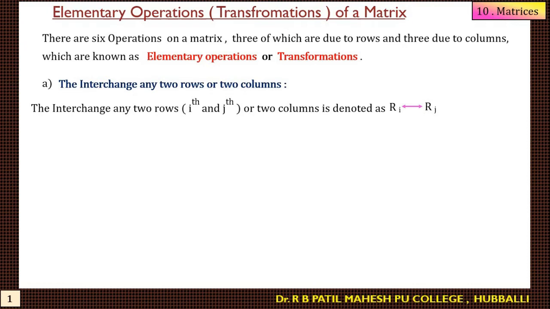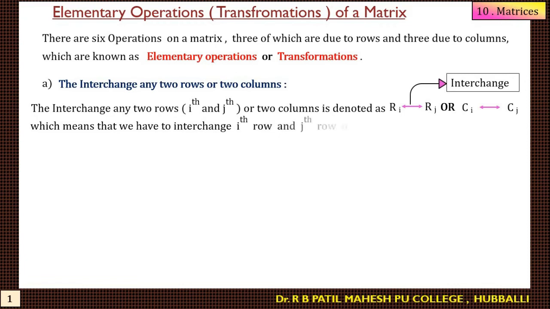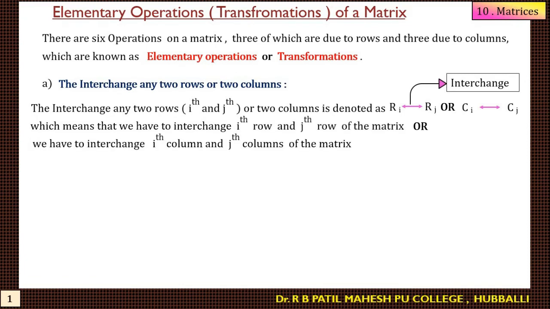So Ri interchange Rj, or Ci interchange Cj, which is the column wise symbol. It means that we have to interchange the ith row and jth row of the matrix, or the ith column and jth column of the matrix.